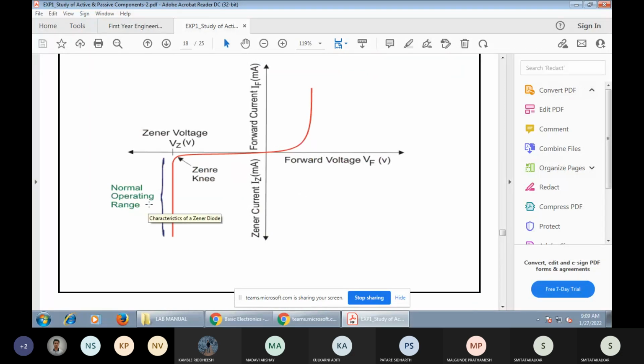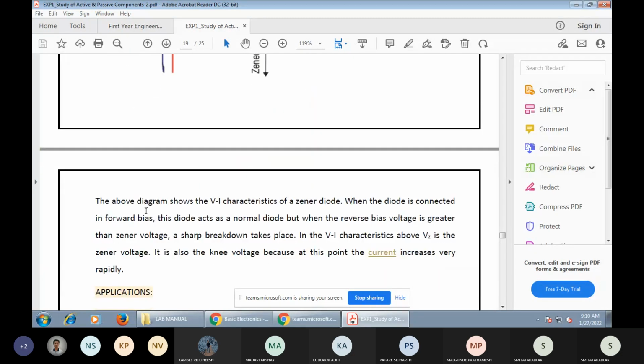This concept is known as Zener reverse voltage, or Zener voltage VZ. You can find the normal operating range. This is directly related to the Zener or avalanche breakdown voltage.